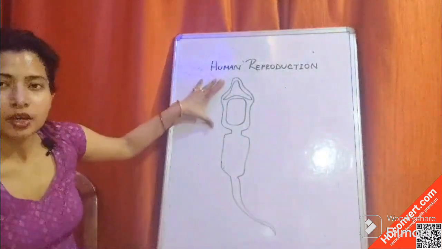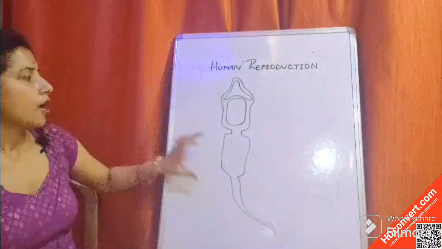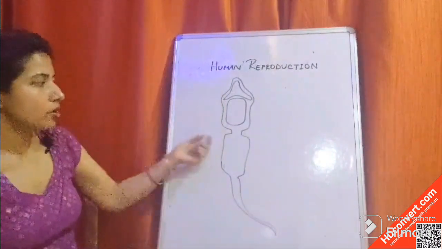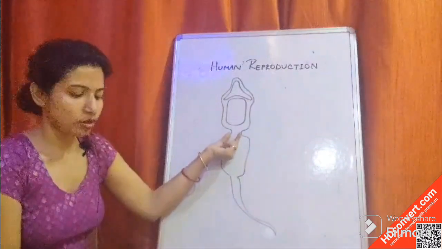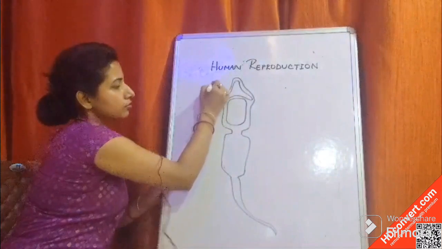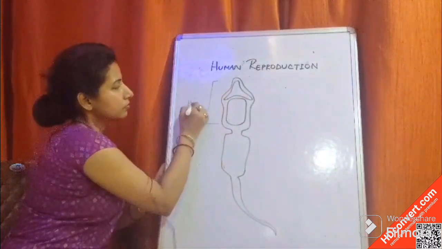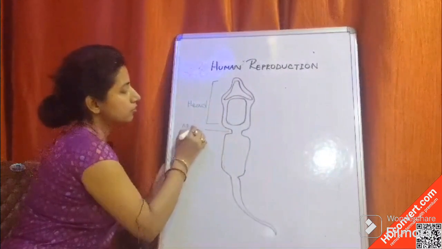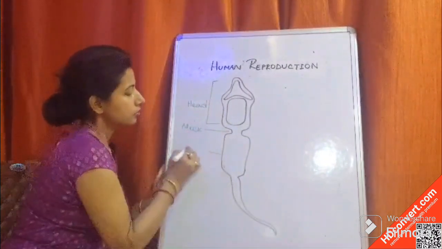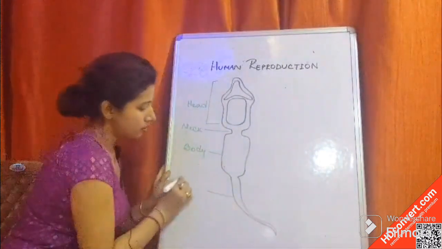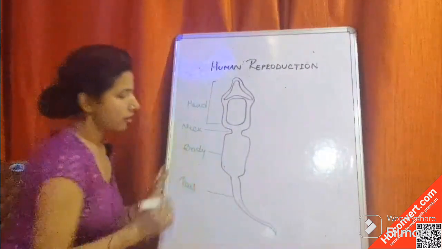This much portion is called head, and this is the body of sperm. Between head and body there is a small constriction. It is known as neck. Head, neck, body, and this one is tail.